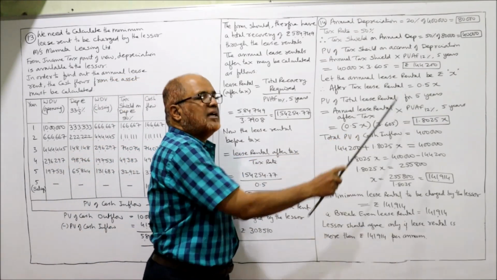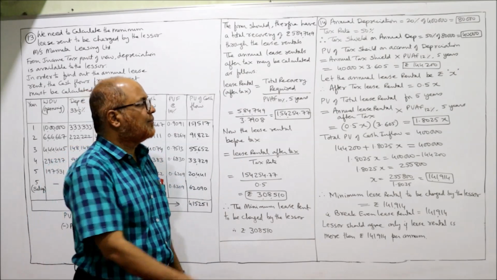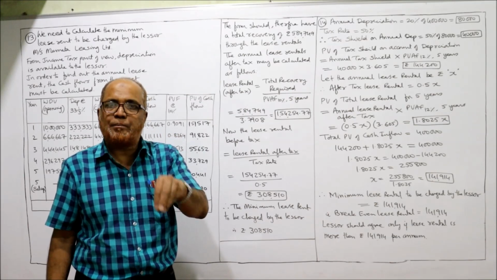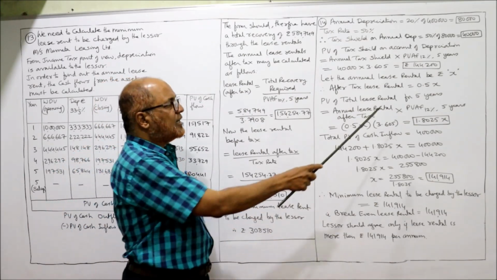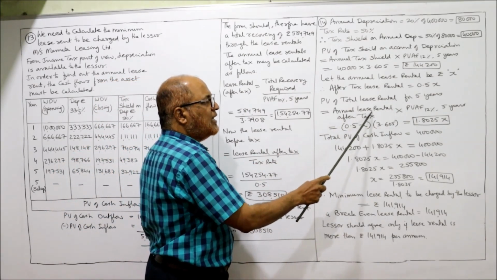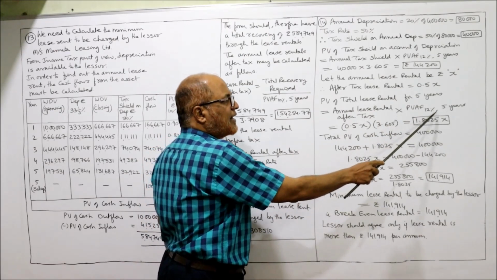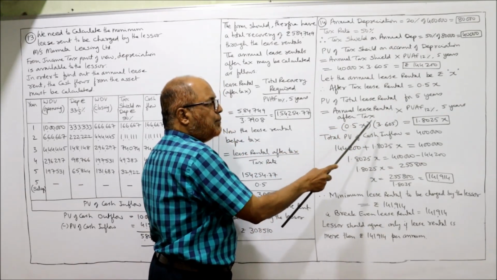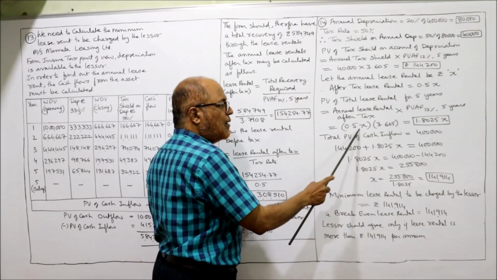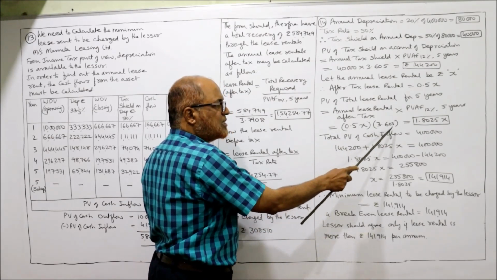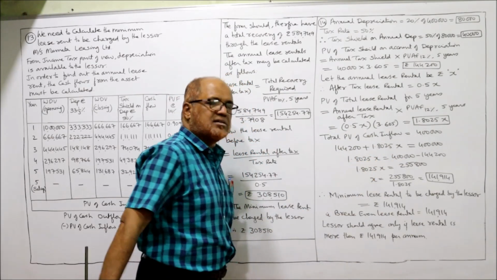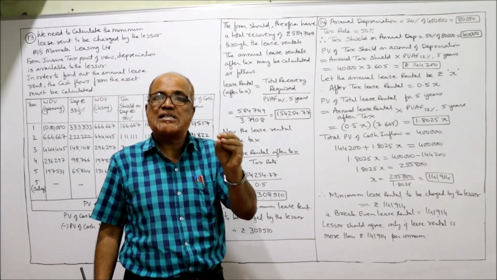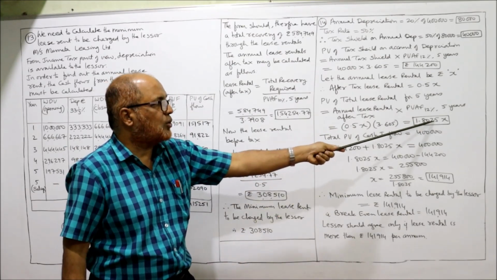Now, the present value of total lease rental for 5 years is the after-tax lease rental 0.5X into the PV of annuity factor 3.605. Multiply 0.5 into 3.605, which gives 1.8025X. The present value of the 5-year lease rental is 1.8025X.